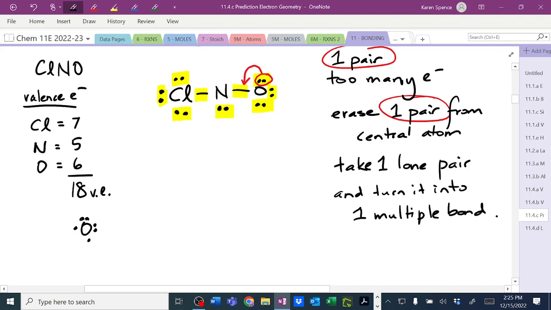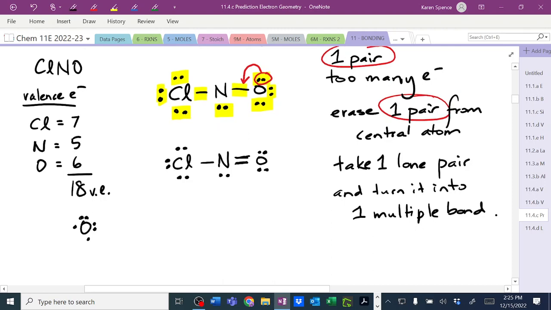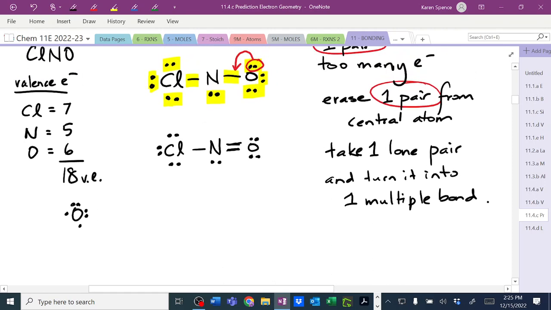So if we look, I'll draw the 2 structures and give you the formal charges, okay? Now, let's take a look at this. I'm also going to draw the alternate structure. This is a good one.